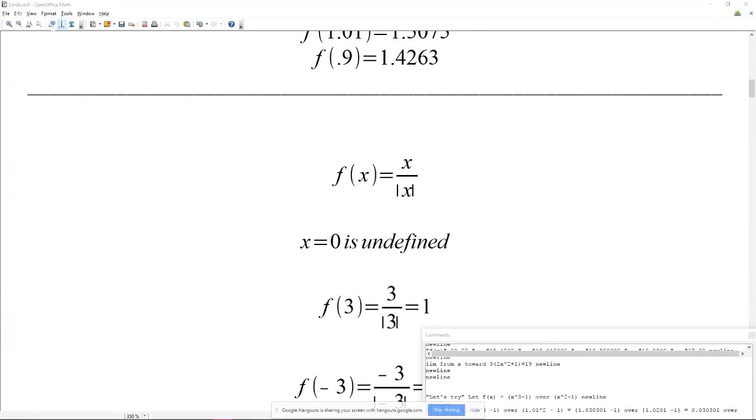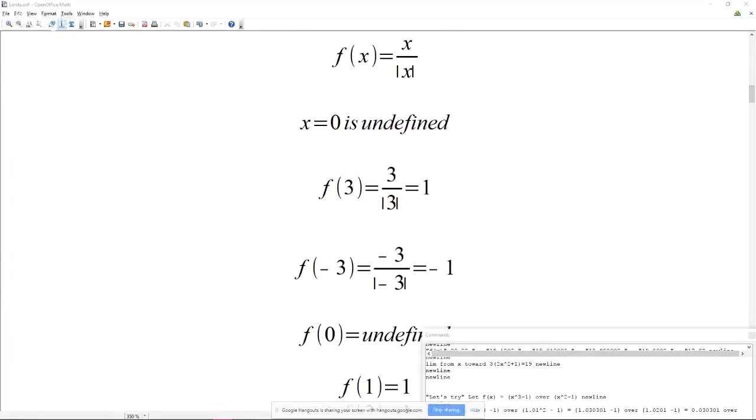So the universe explodes. Now, if I put a value in like 3, well, 3 over the absolute value of 3, which is 3 positive over 3 positive, I get 1, right? If I put -3, it's -3 over the absolute value of -3, which is +3. So -3 over 3 gives me -1.